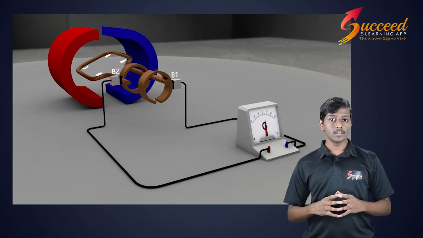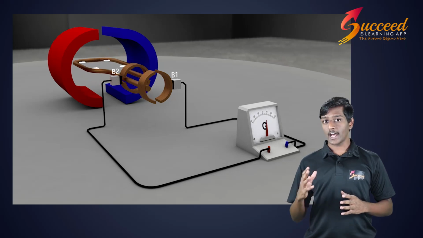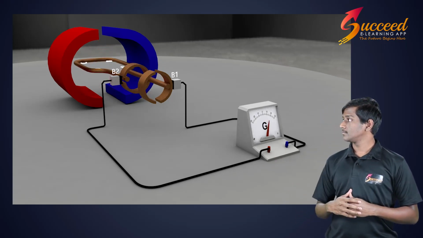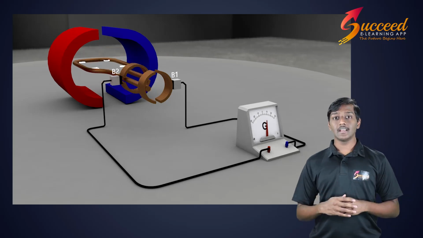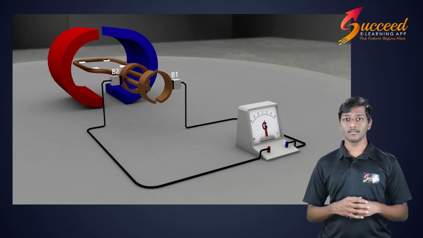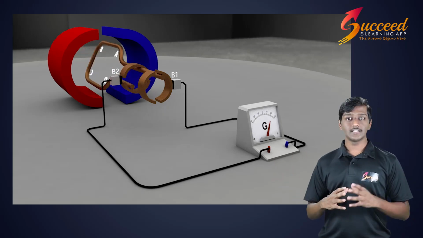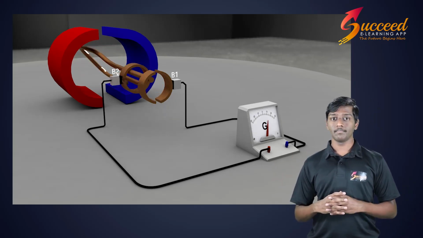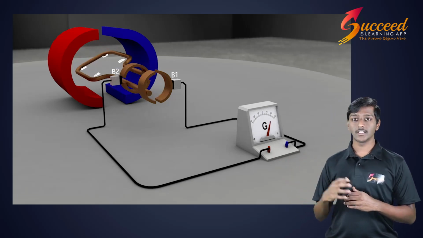We observe that the current is changing its direction after each half rotation. We can say that the electric generator produces alternating current. Alternating current is the current which changes its direction periodically. This is how an electric generator works.